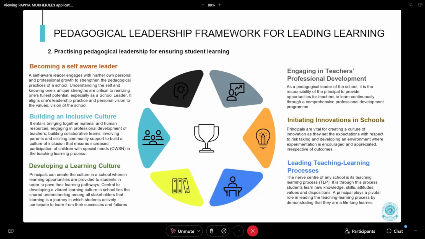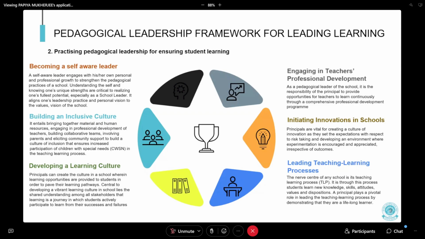As a pedagogical leader, you also need to engage yourself in professional development of teachers. You need to provide opportunity. It is one of your pivotal responsibilities to provide opportunities for teachers to learn continuously through a comprehensive professional development program, which has been developed by doing a need analysis of CPD.